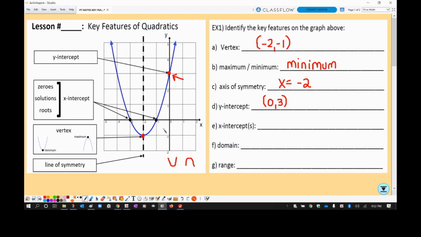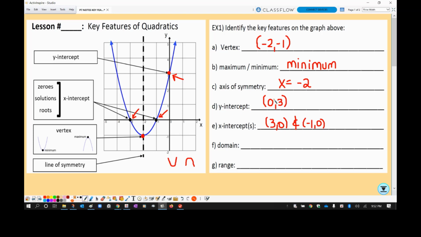And the x-intercepts would be this point right here and this point right here. So that point right there would be 3, 0 and -1, 0.